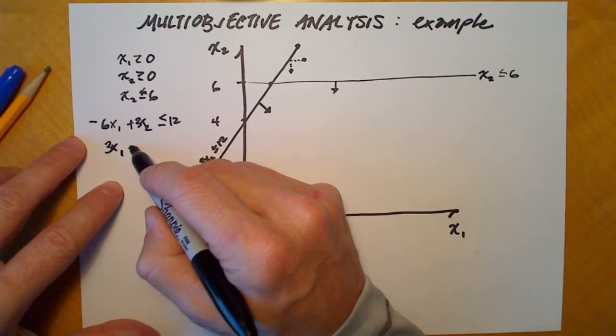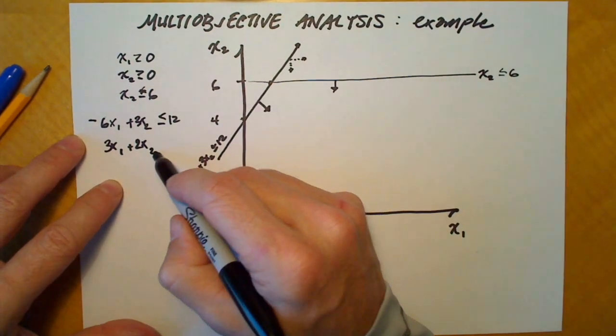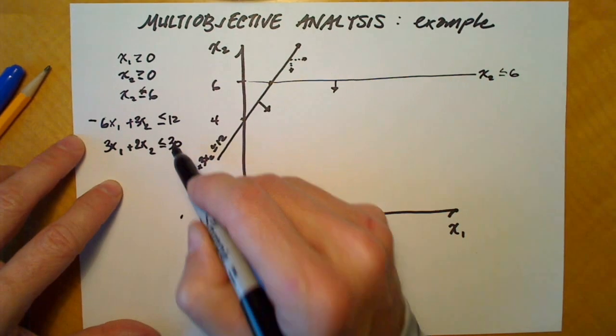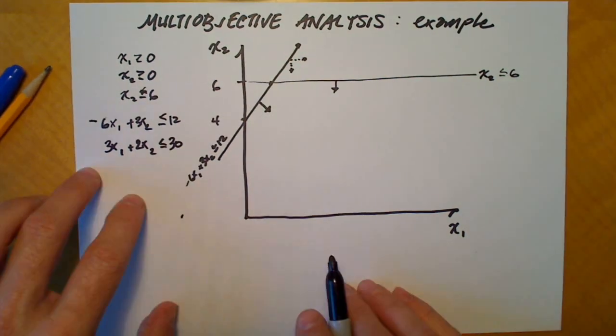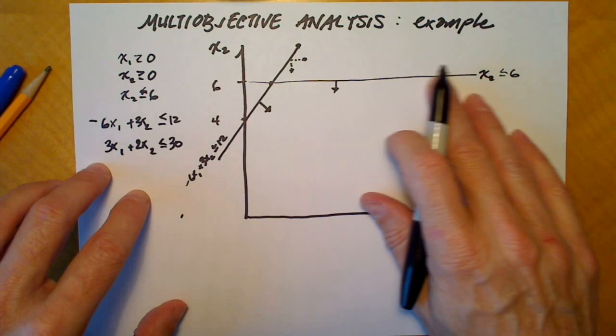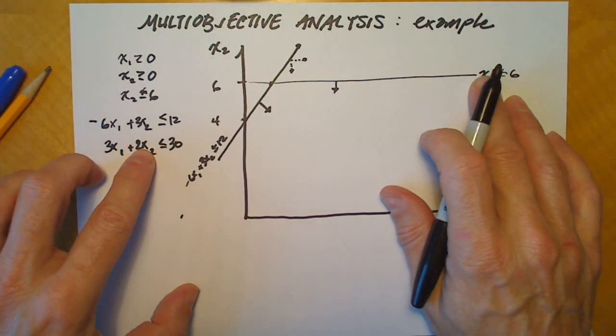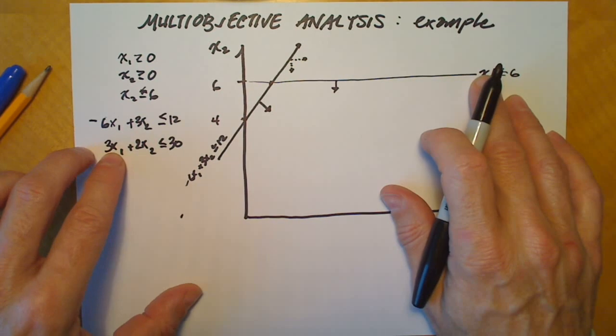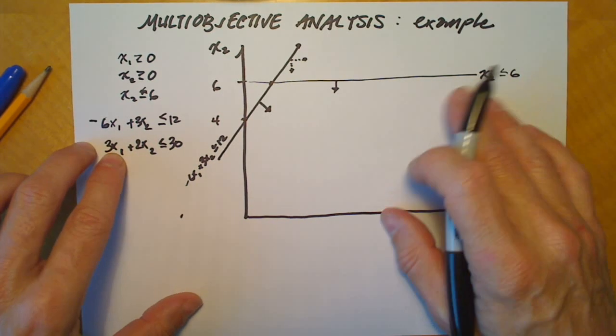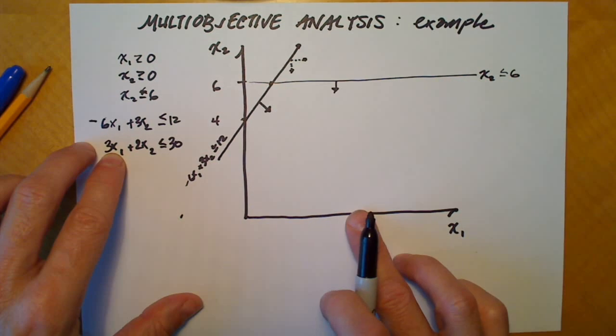3x1 plus 2x2 is less than or equal to 30. Let's see where that one comes up. Try the x2 equals 6 intercept. We get 18 for this term. We need 12 more. So x1 equals 4. What's that going to look like?